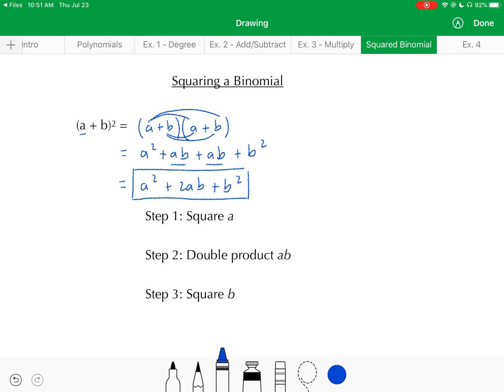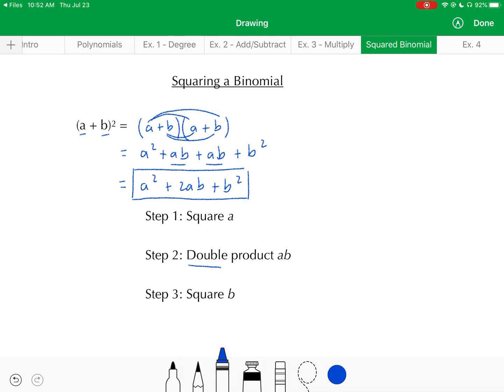To get the second term of the trinomial, you're going to multiply a and b together, and then you're going to have to double it. And the reason I'm doubling it is because that product of ab happens twice in the distributive property. Okay, and then to get your third term, you simply square your b value. All right.